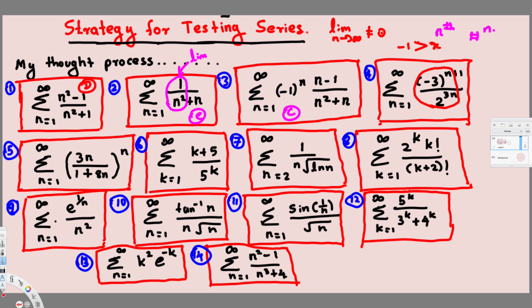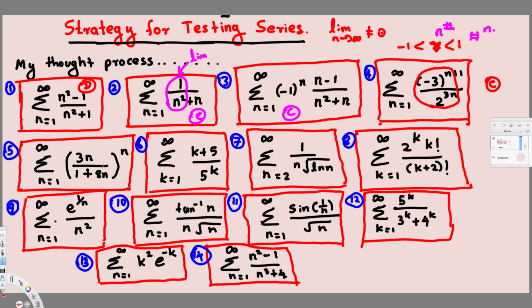It should be bigger than negative 1 and smaller than positive 1, and if you get values between these, it converges, otherwise it diverges. If you check this one, you will get a value between these, so it converges.